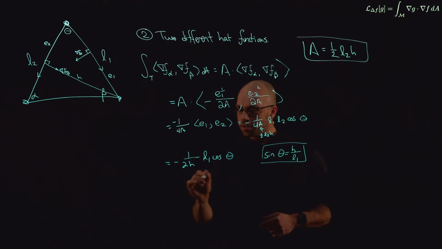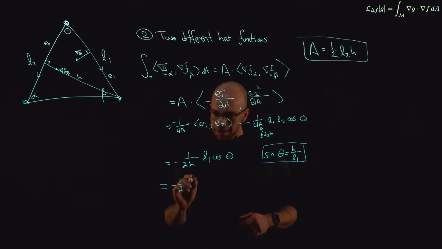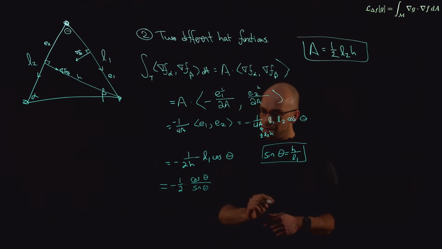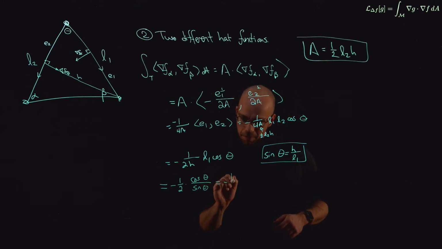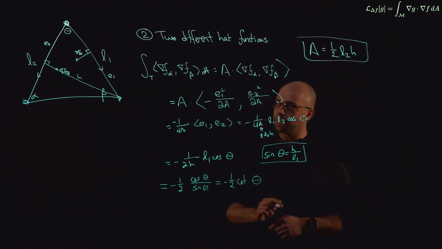We have an L1 over H, so really this is equal to minus 1/2 times cosine theta over sine theta, which is the same as minus 1/2 cotangent of theta.